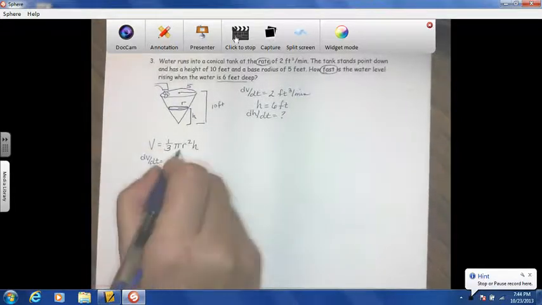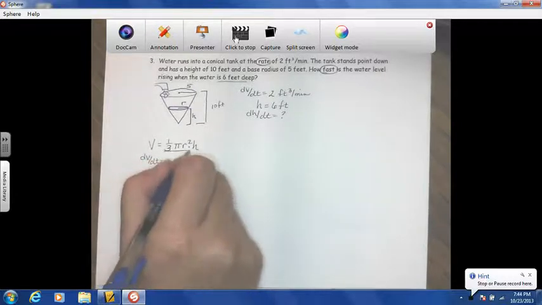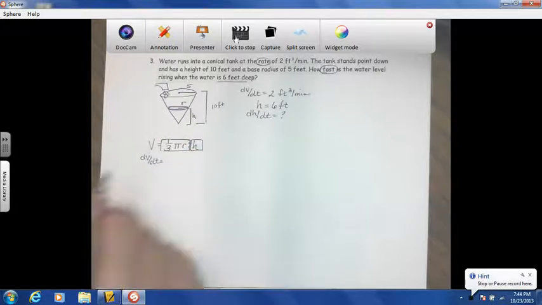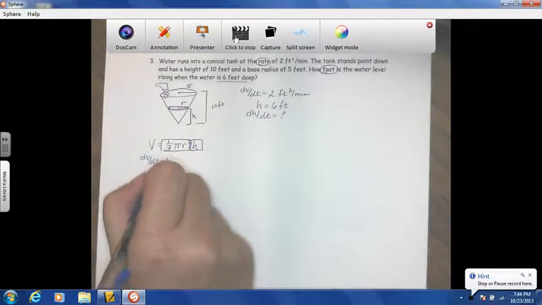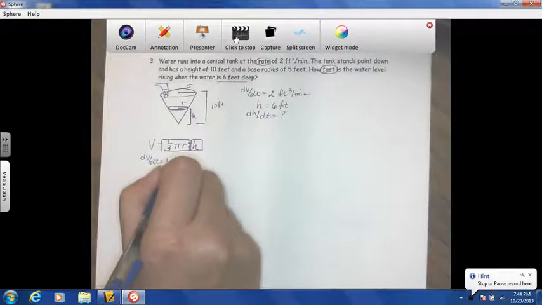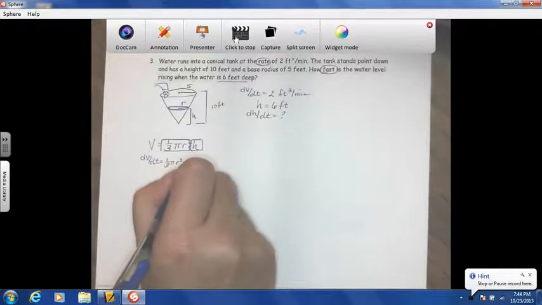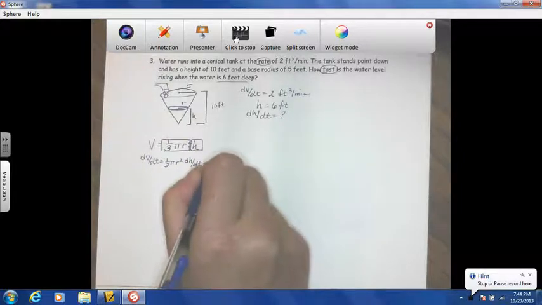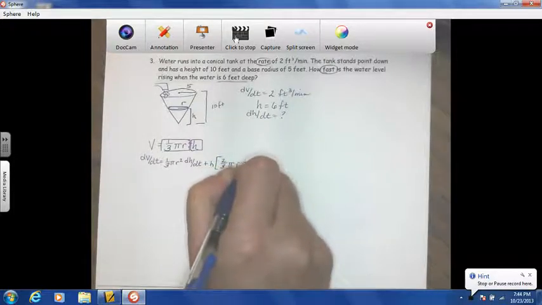On the right side, this is actually a product between two variable functions, which means that we're going to have to take the derivative using the product rule. So we will have the first, 1/3 pi r squared, times the derivative of the second, dh/dt, plus the second, that's h, times the derivative of the first, which will be 2/3 pi r dr/dt.